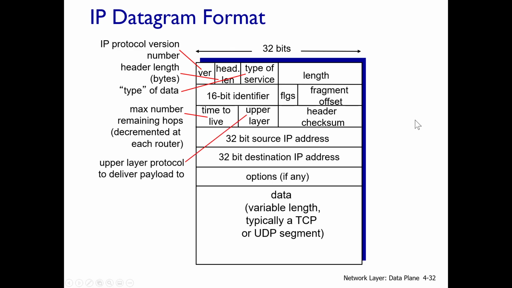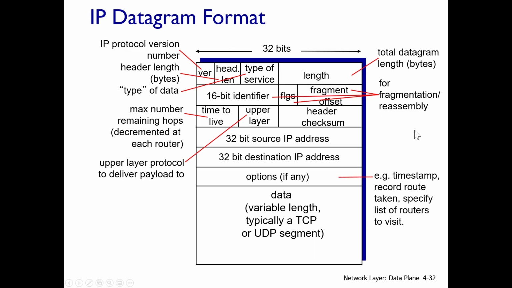Here we have total datagram length. For fragmentation and reassembly, like I said, we will use some of the flag bits, but this 16-bit identifier we will not use. Here we have the 32-bit source IP address. This is the IP address of the person who generated this packet.